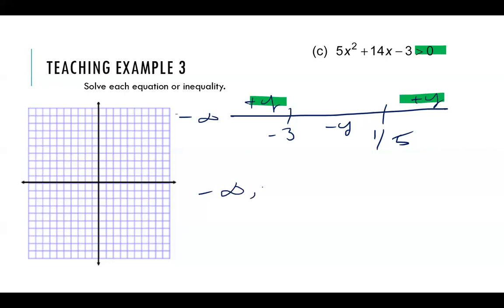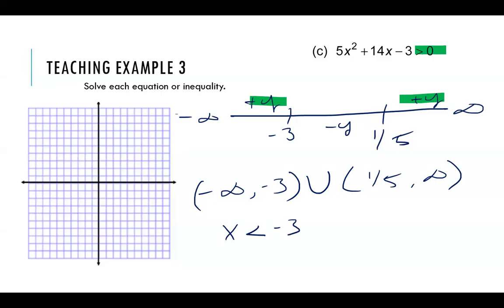So I'm going from -infinity to -3. Or I can also go from 1/5 all the way up to positive infinity. When I write these as inequalities, I'm saying that x's are less than -3 or my x's are greater than 1/5.